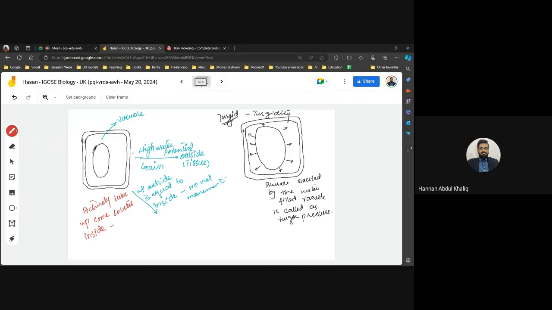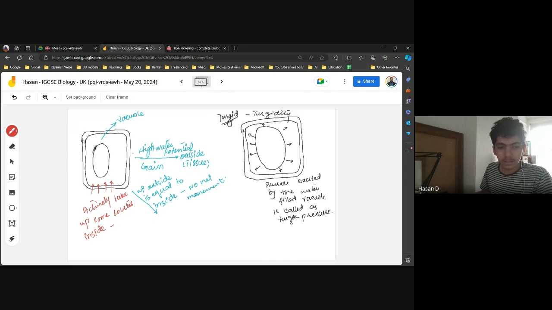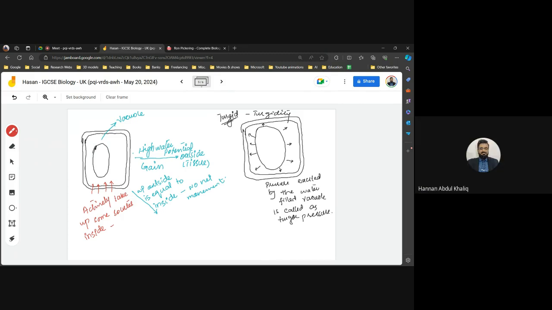What do you think would happen when the plant actively takes up the solutes towards the inside? No, no, no. From the outside to inside. They are actively taking up solutes inside, which means that the solutes were outside. They took them inside. So what do you think would happen when they take up the solutes?